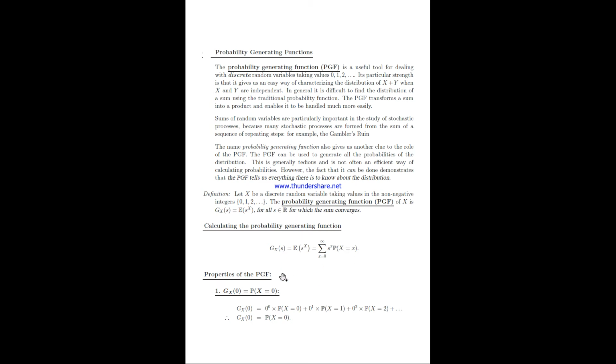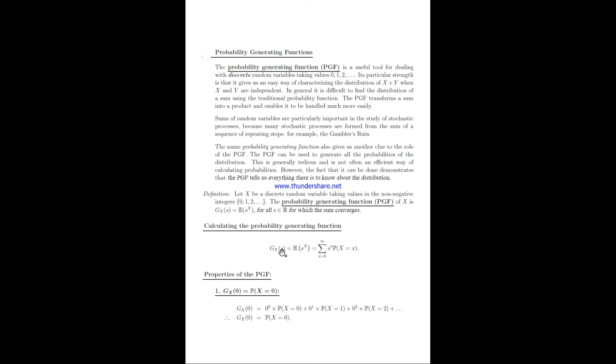With this we can see some very nice properties of the probability generating function. Let's see what will happen if you apply s as 0. In other words, what is the value of G_X(0)?